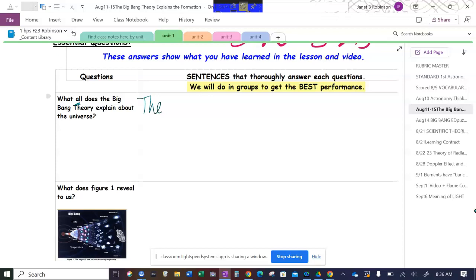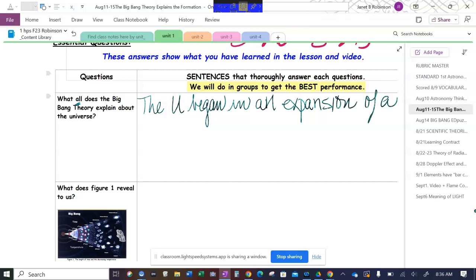So we would write something like, the universe began in an expansion of a tiny dense blob called the singularity.